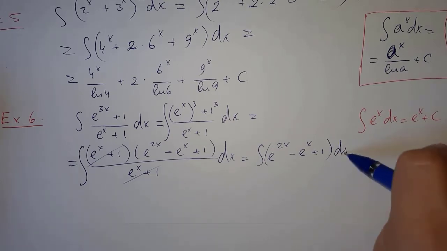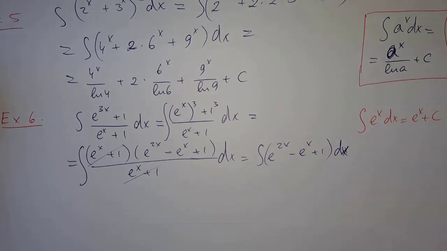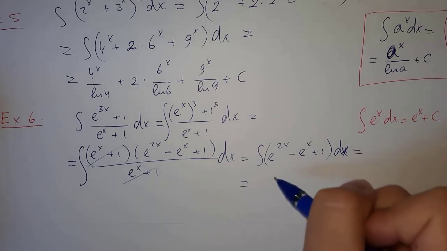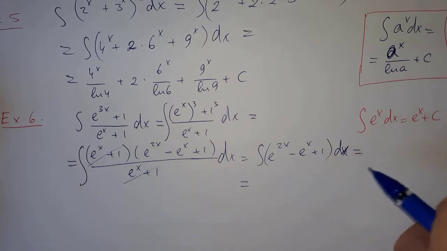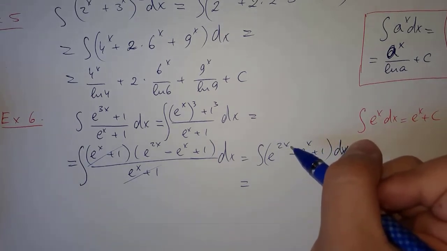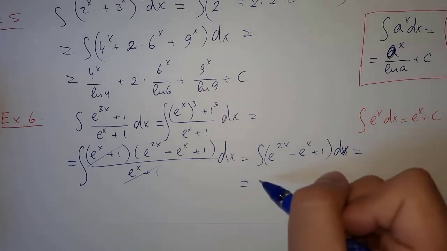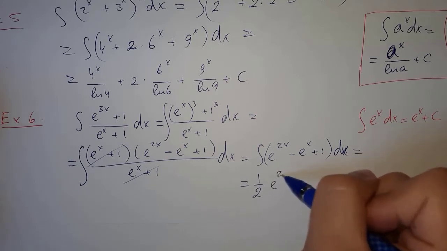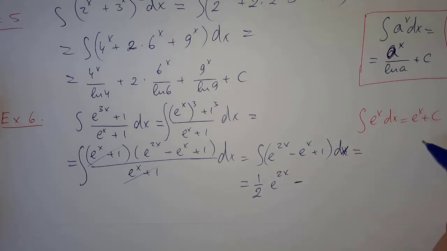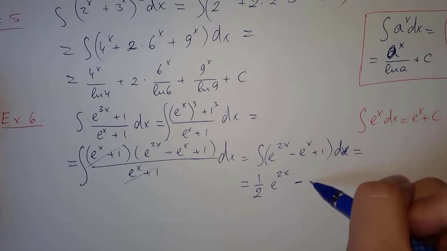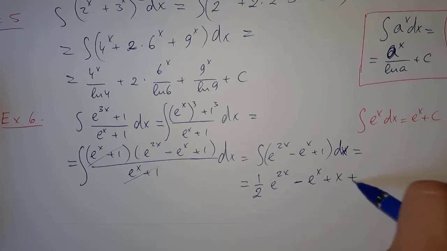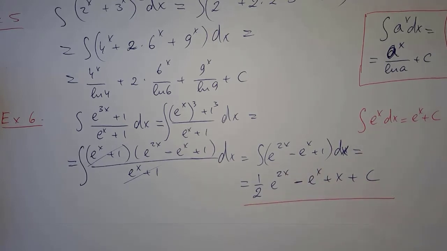Hence, using the table of integration, we get here 1 over 2, because here we have 2x, e to the power of 2x, and the minus, because here in the middle minus e to the power of x, and plus x plus c. This is the answer of our example.